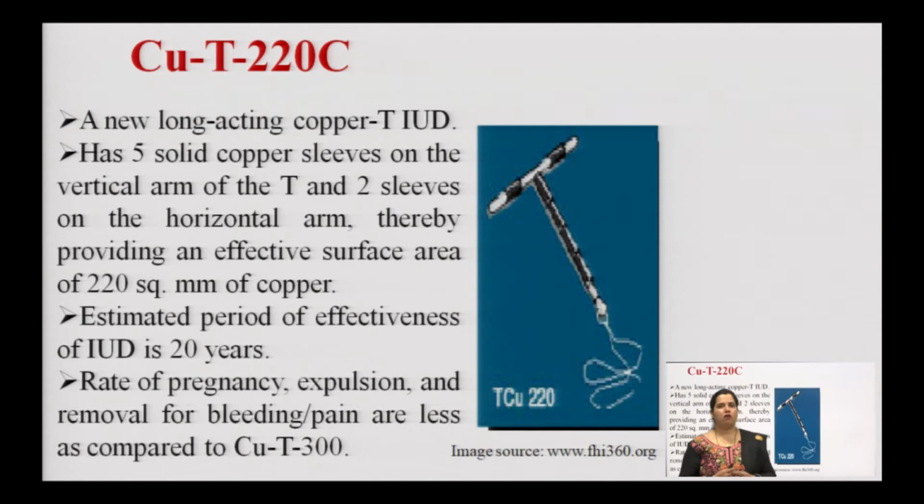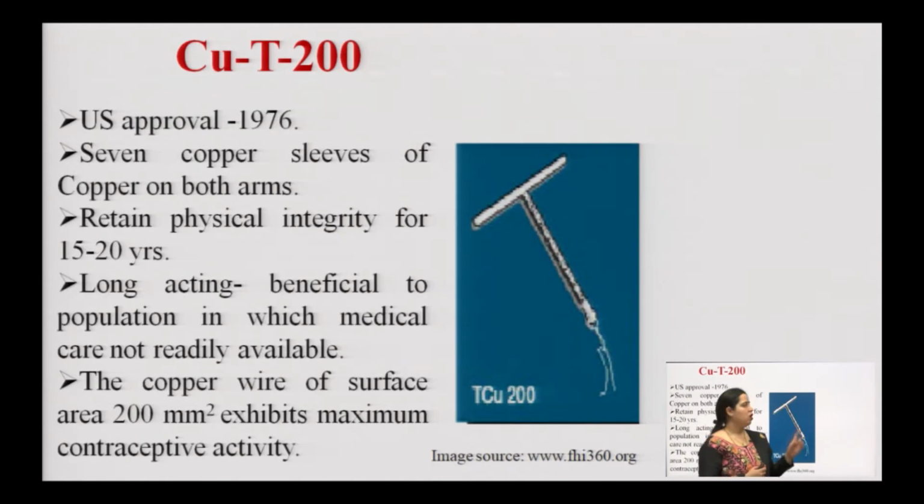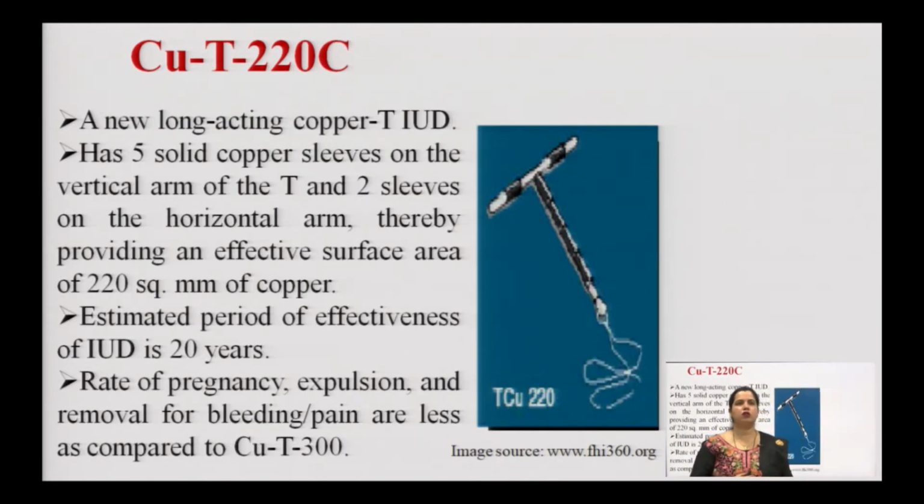In this picture, no copper is wired on the top stem, whereas in T220C you can see that the copper wire is coiled around the stem as well as on the bottom stem, right. It is a new long-acting copper T IUD, a new design.